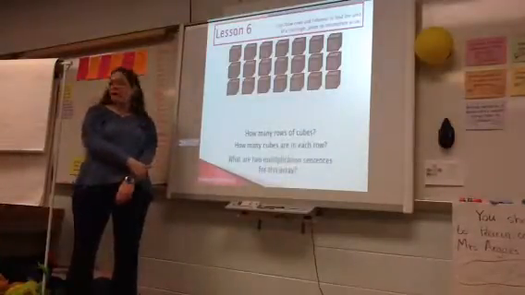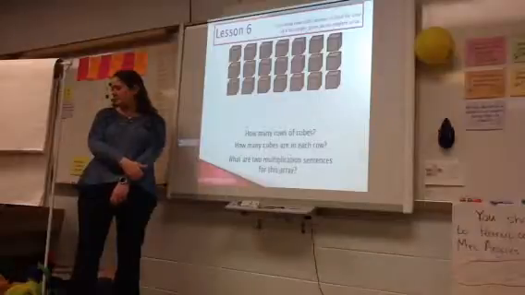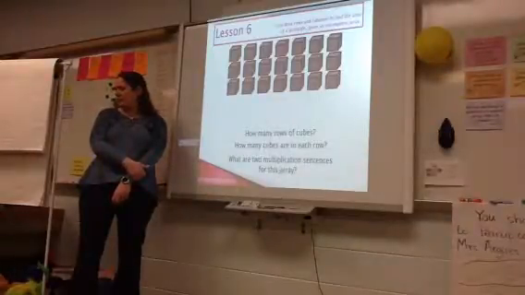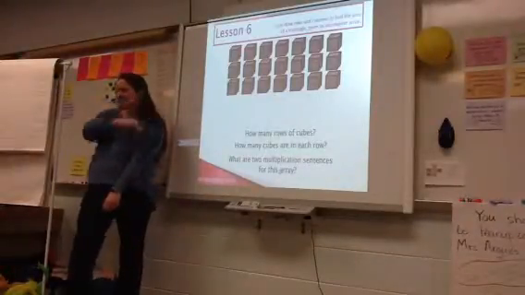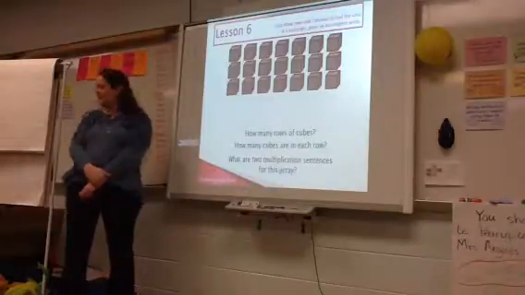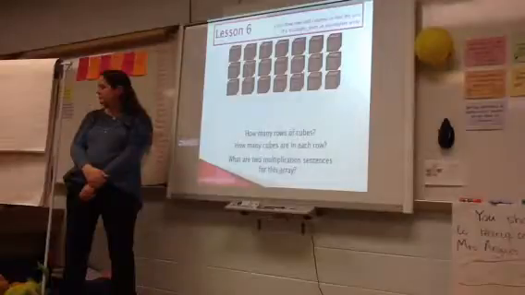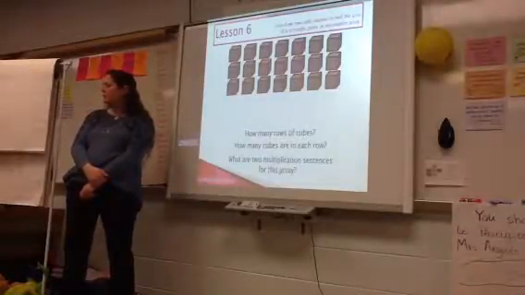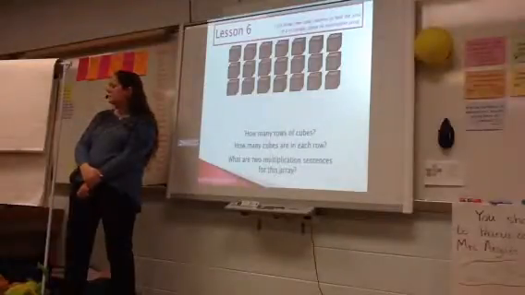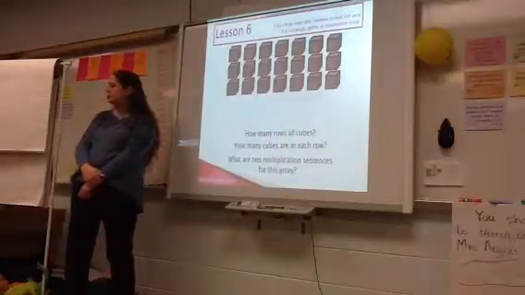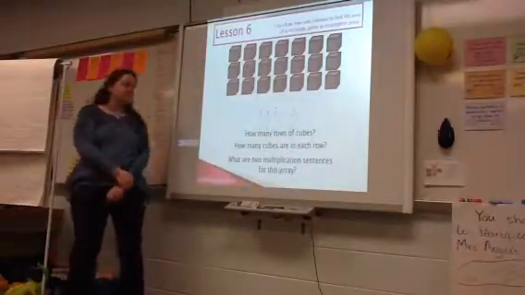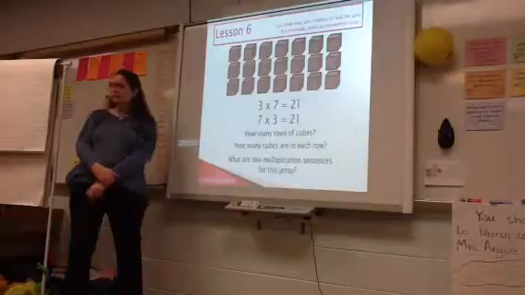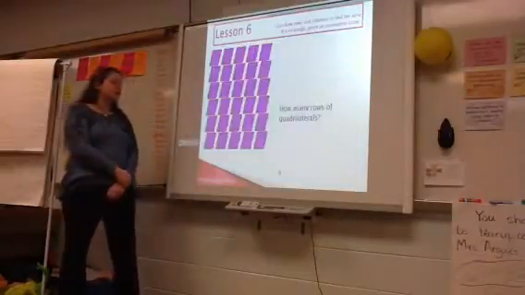Can you give me the 2 multiplication sentences? 7 times 3 and 3 times 7 equals 21. There you go. 3 times 7 equals 21. And 7 times 3 equals 21.